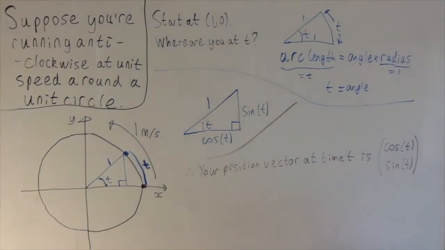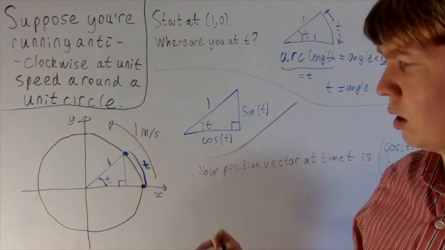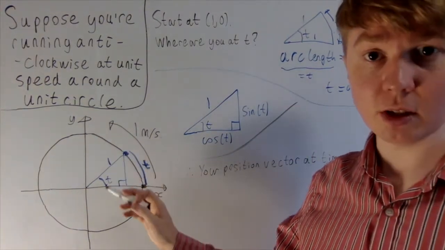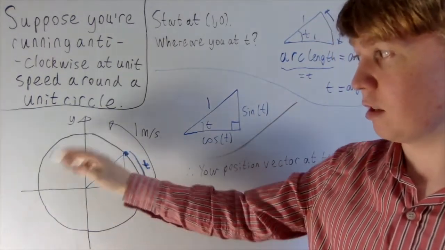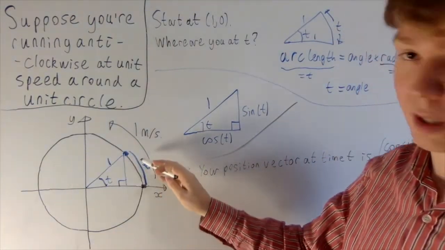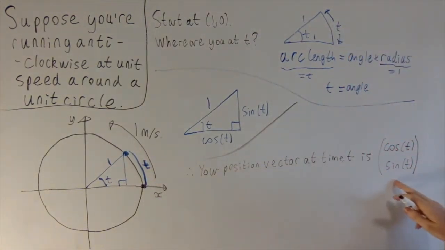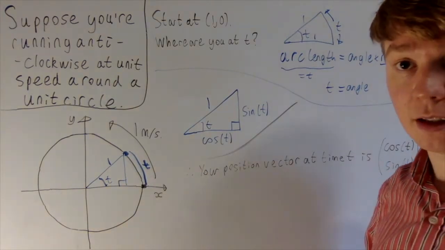Of course here we've only really shown this for values of t between 0 and pi over 2. But you can extend this argument further round, so for t greater than pi over 2, and if you go beyond 2 pi, you loop back round, you can show that your position vector will still be given by cos t, sine t, even for t bigger than 2 pi, and also for t negative.